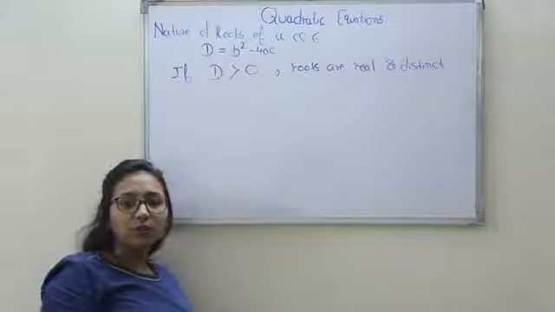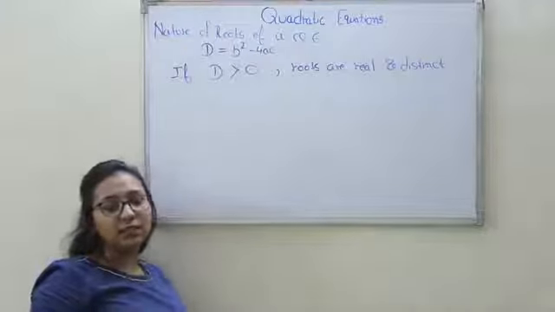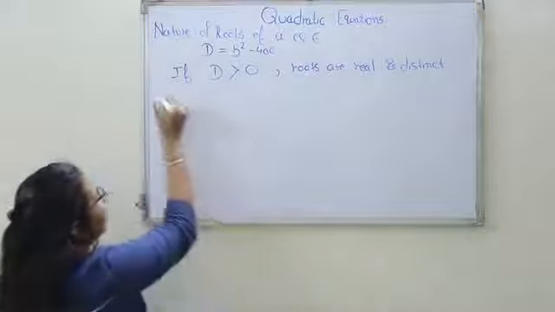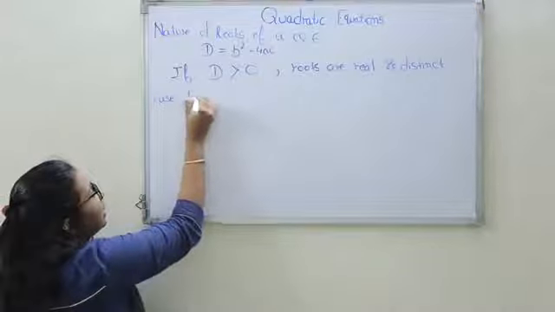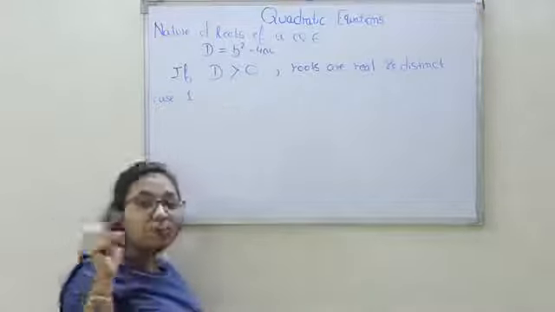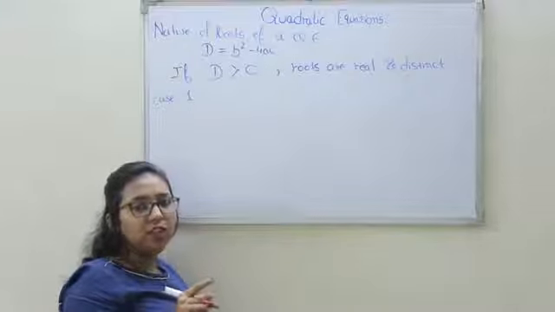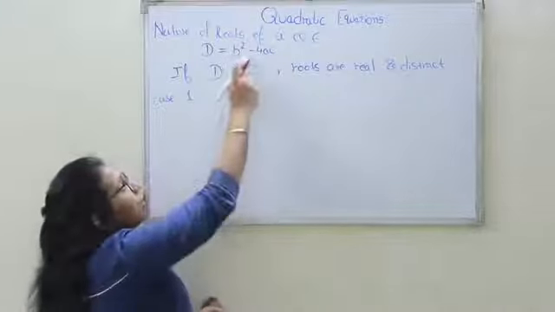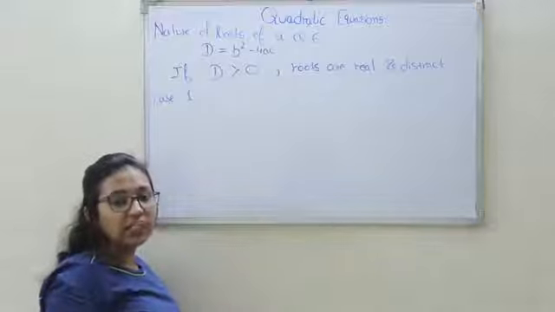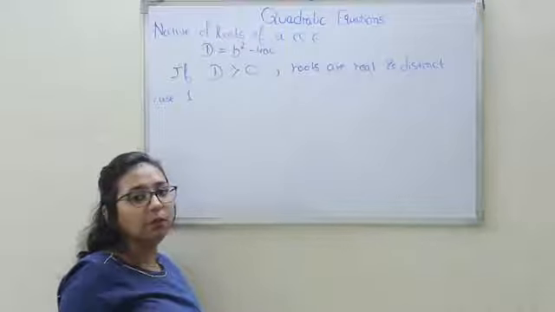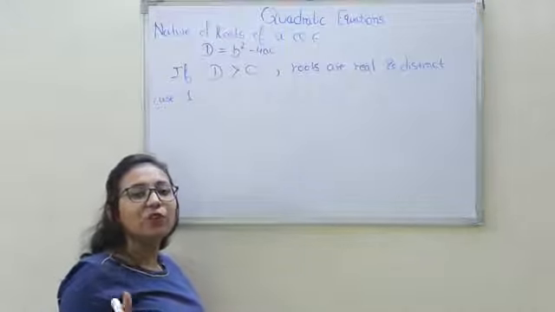In this also, there are two cases. Case 1 says, if that positive number which you have got after solving b square minus 4ac is a non-perfect square number, that means other than 1, 4, 9, 16, 25.